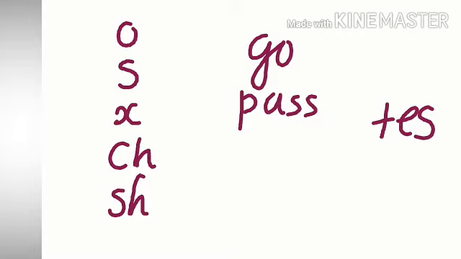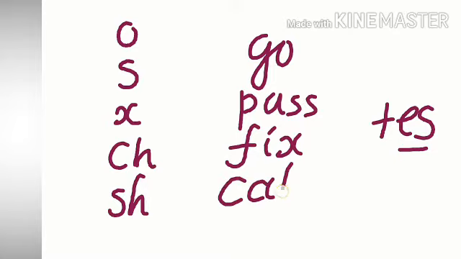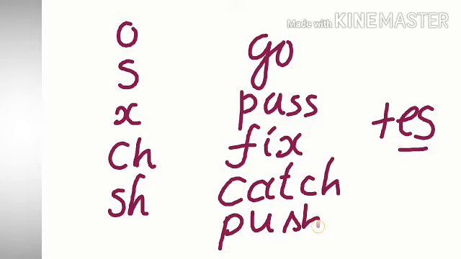Next, when the verb ends in the letter X, we have to add es, fixes. If the verb ends in the letters ch, like catch, we have to add es. And sh also we have to add es.